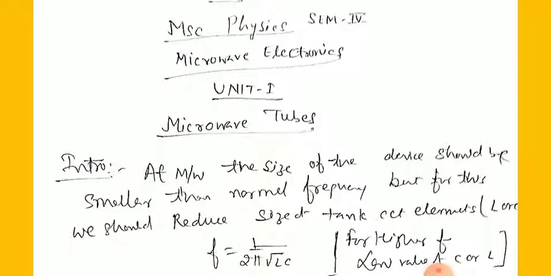At microwave frequencies, the size of the device should be smaller than at normal frequency, because here the frequency is high. For this, we should reduce the size of the tank circuit, and the tank circuit has the elements L and C, inductor and capacitor, because at high frequency L and C should be very small.